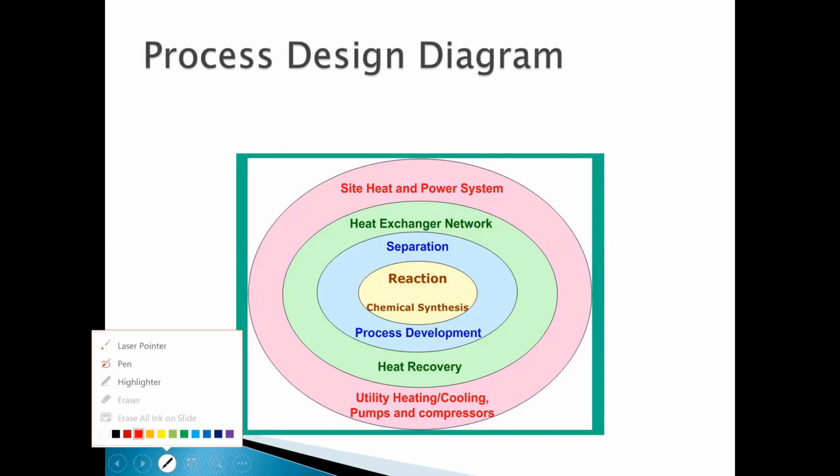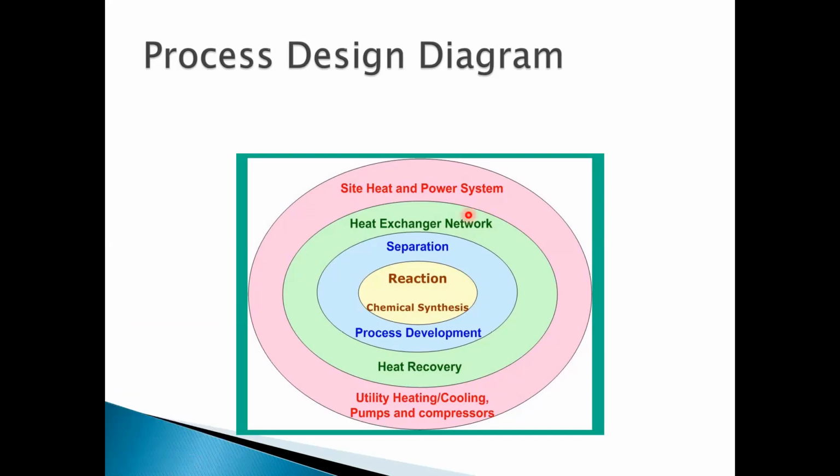Simply, it is the collection of the heat exchangers in the process. If you have, for example in the PDH process, 20 or 30 heat exchangers, those are called the heat exchanger network. All these exchangers are connected to each other, or to utilities, or to the process. So they are one network, and this is where we recover heat.